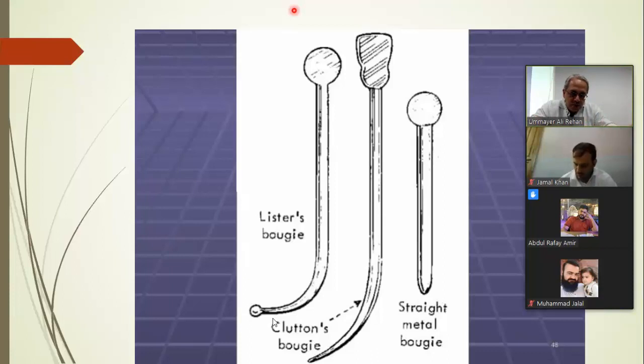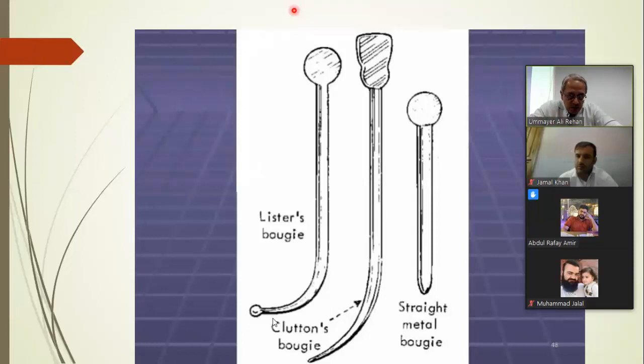One movement is with the right hand of you, that means the clinician, holding the metal bougie and introducing it, and then with the second hand, that is the left hand of the clinician, you actually manipulate the penile shaft. So I can show you whenever you are present with us.